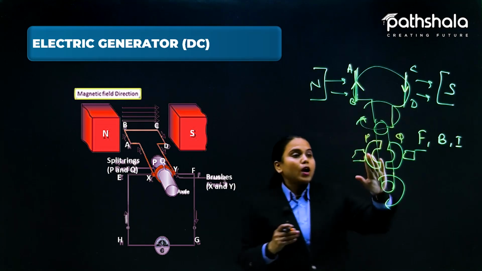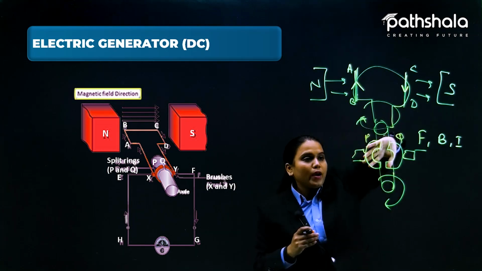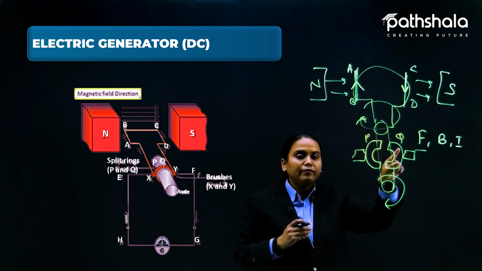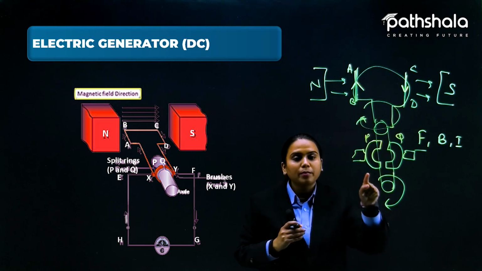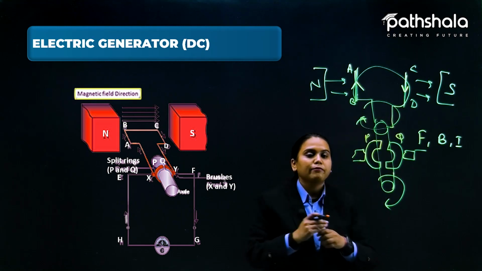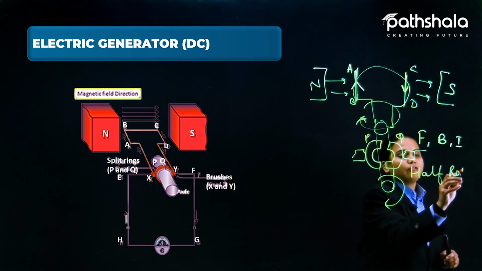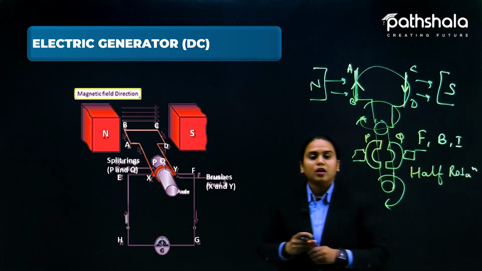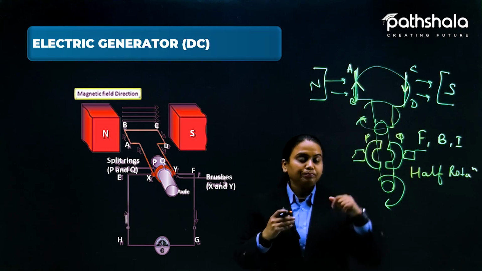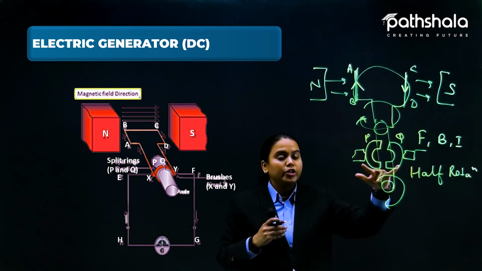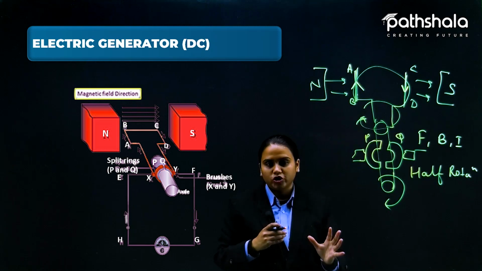So now, this P, when this is going to rotate like this, at a time this P will come here and this Q will come here. So we can say at this time we are getting the half rotation. After getting this half rotation, what is going to happen? P will be here, Q will be here, but the brushes will be at the same position.